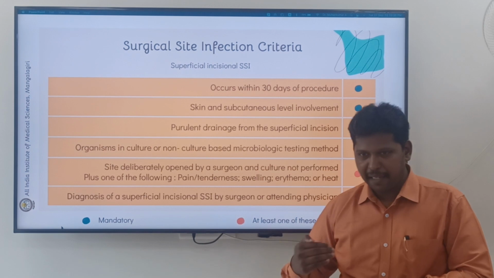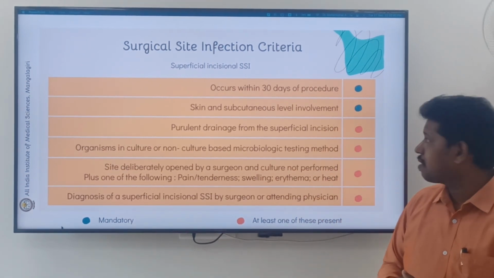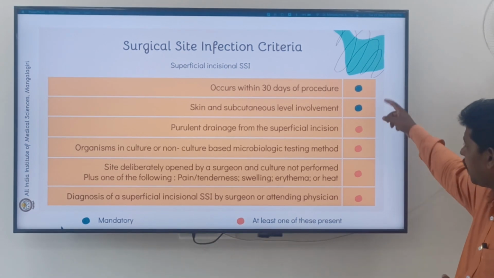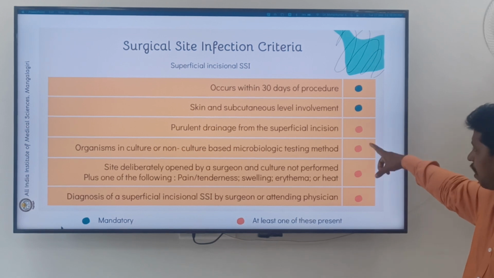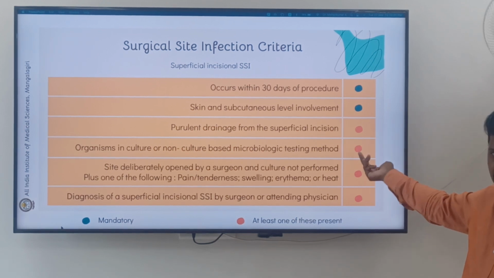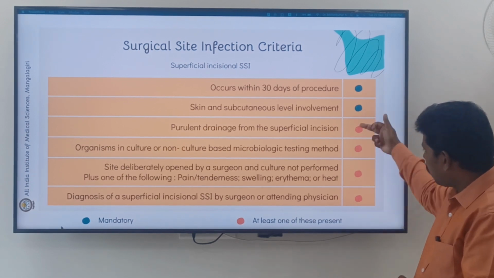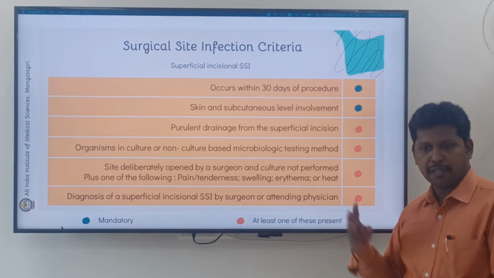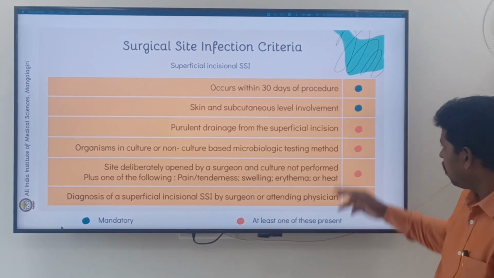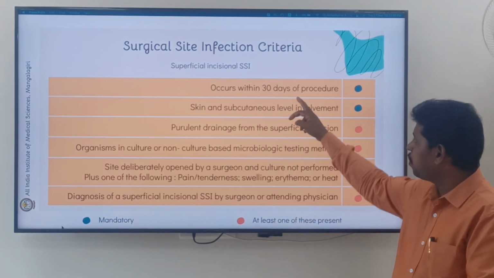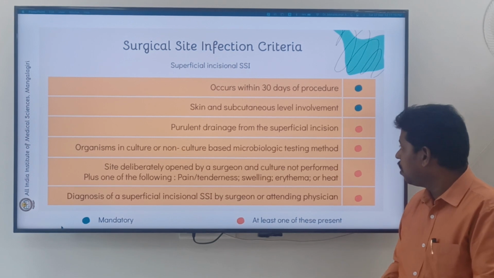Now the specific criteria under each. Superficial incisional SSI: the green point should be mandatory, and out of all the red ones, if any one is there, that is considered significant. So totally 1, 2 and any one of these, three points should match to get the superficial incisional criteria. If it is a superficial incisional SSI, it should occur within 30 days of the procedure, with skin and subcutaneous level involvement.